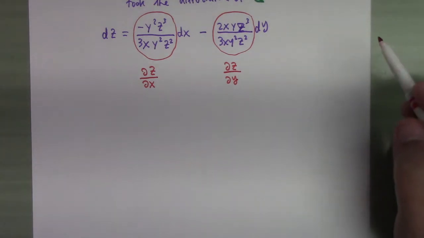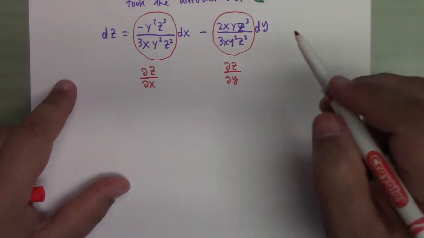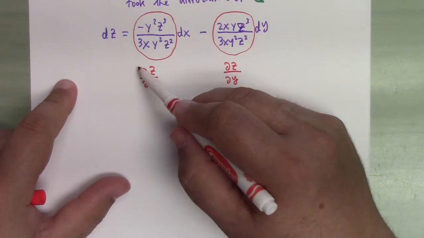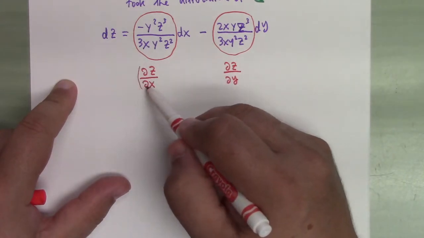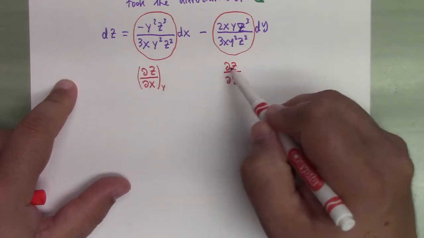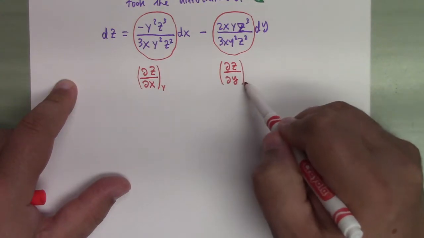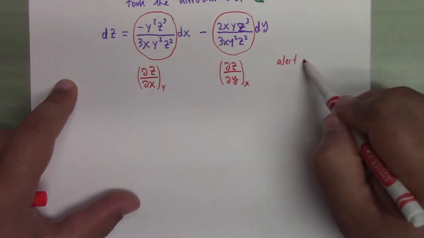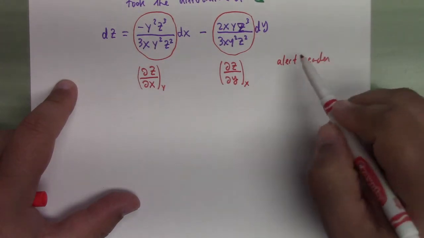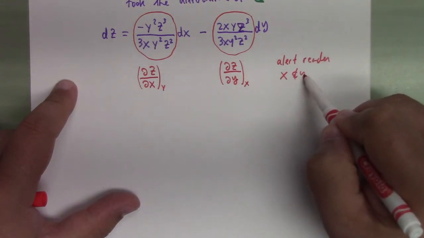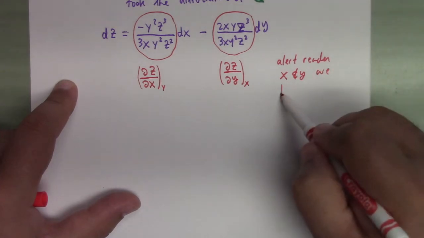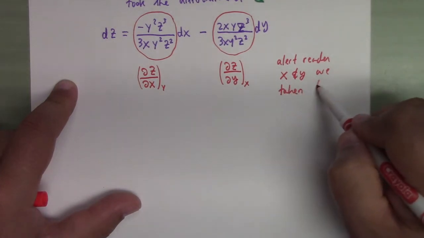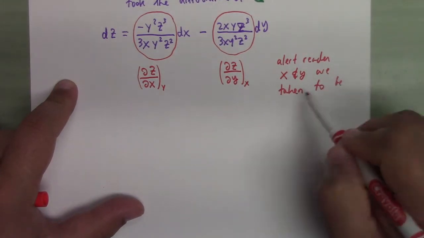And in this kind of context, I like to write a little y here and a little x here, just to alert the reader that x and y are taken to be independent.